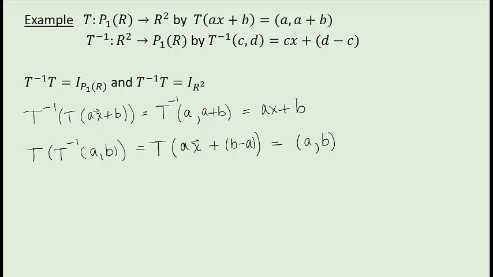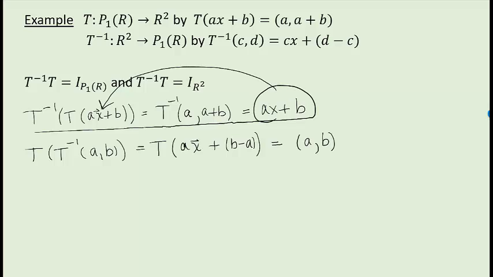For example, T inverse of T of AX plus B is T inverse of A, A plus B, which is AX plus B, and you see that T inverse T is the identity on the vector space of polynomials.